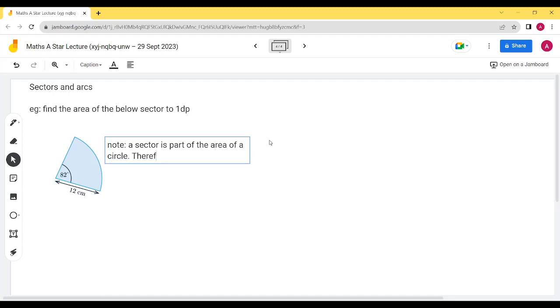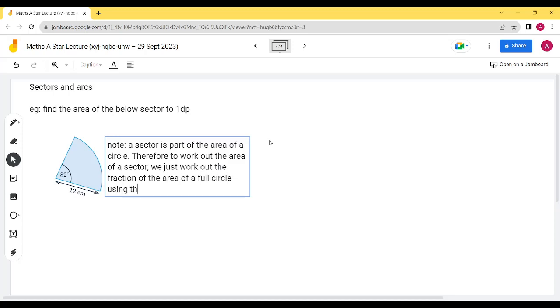So therefore, to work out the area of a sector, we just work out a fraction of the area of a full circle. I'm using the below formula, so I'm just going to copy the formula down here.